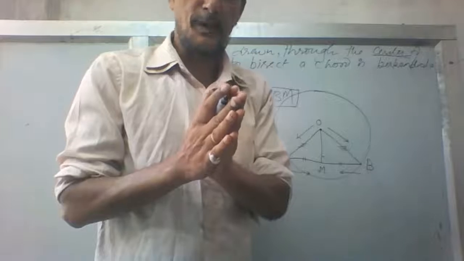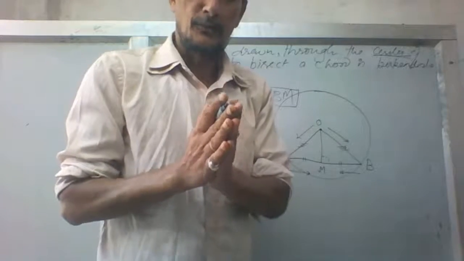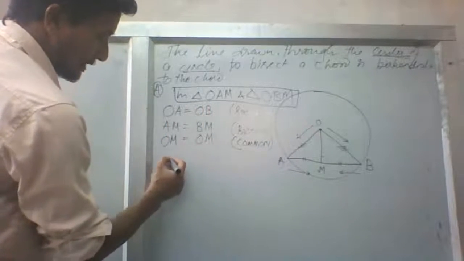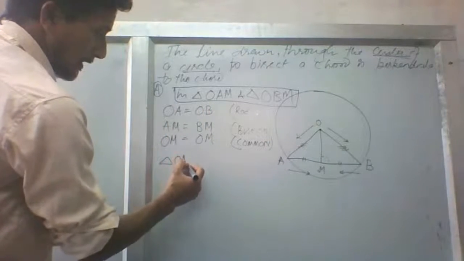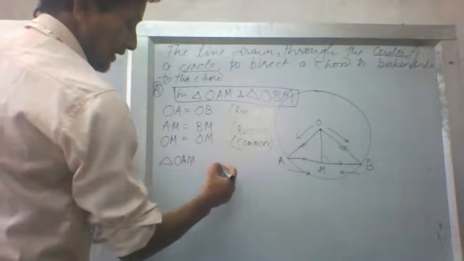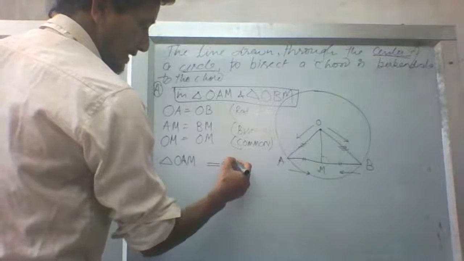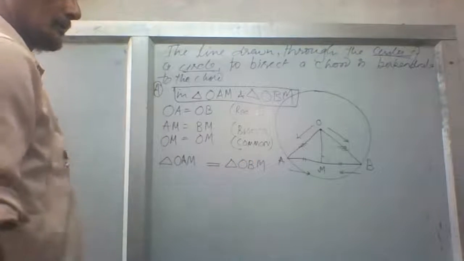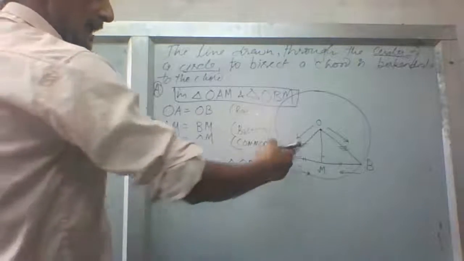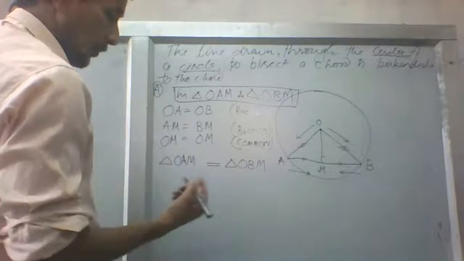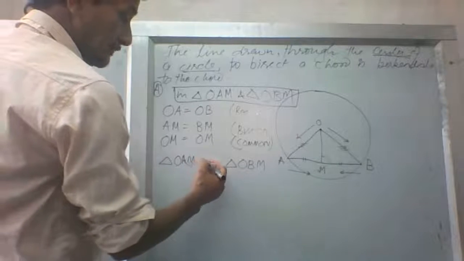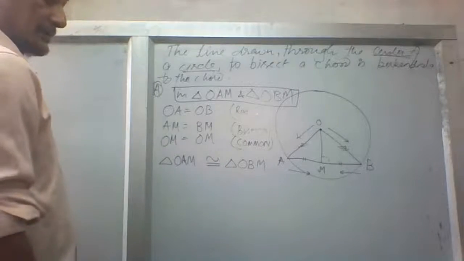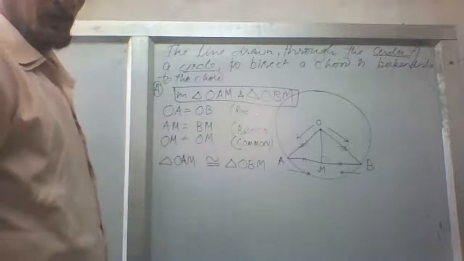Each and every part of the palm is physically the same. So triangle OAM is equal to triangle OBM. Okay, but these are congruent, not equal. So what does it mean? If these are congruent, then make an S-like structure on top of it. This is a symbol of congruency.